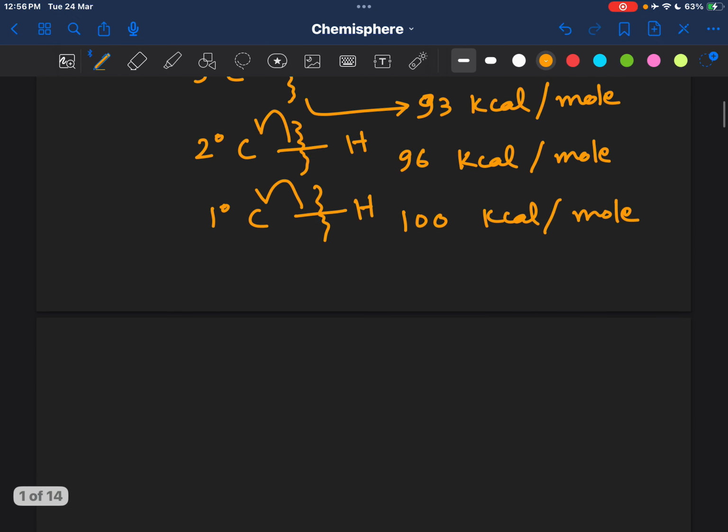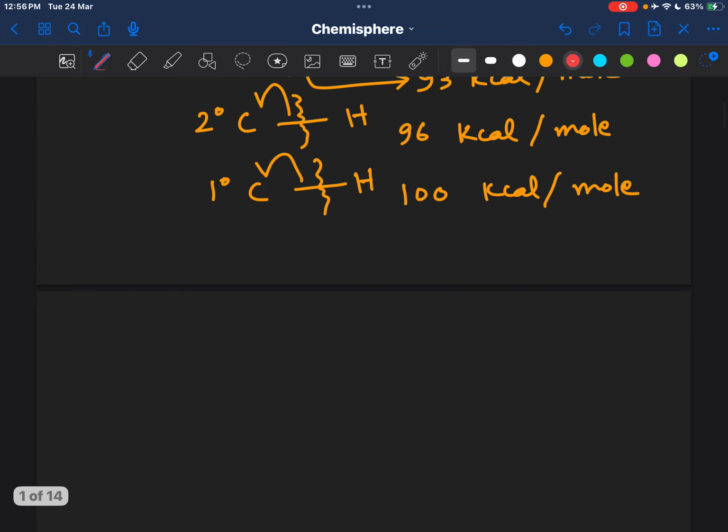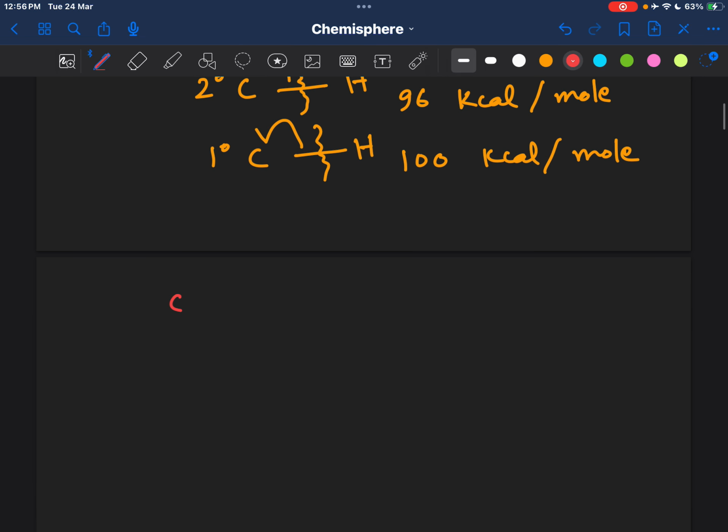So continuing this, this is very interesting. If you have an allylic carbon, that is C double bond C, which is not a part of an aromatic system, C double bond C connected to a C and that connected to an H, if we want to break this and make free radicals, the energy required is 89 kilocalories per mole.